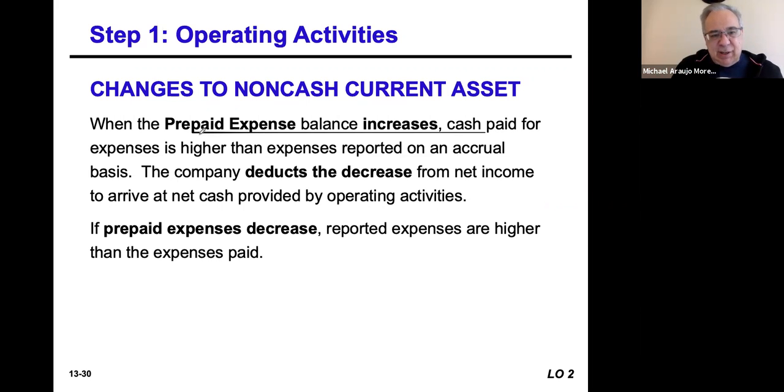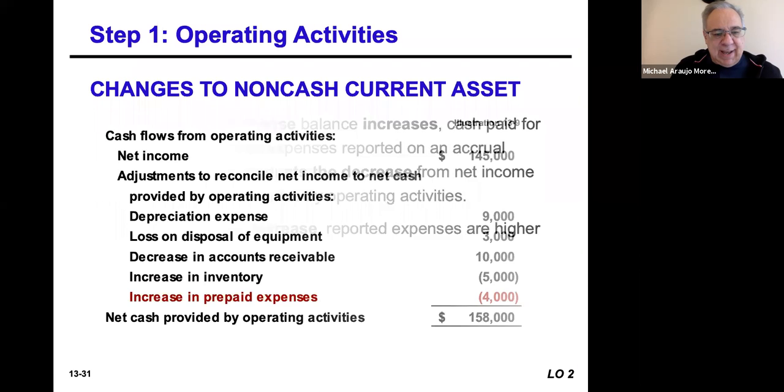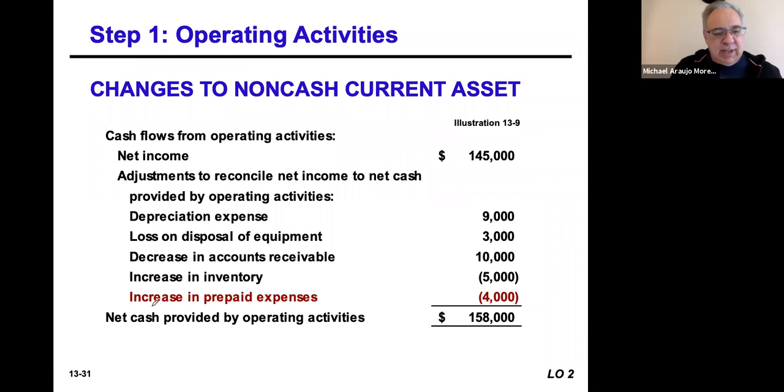So in this case here, when prepaid expenses have gone up, you're assuming you have to use cash. If you used cash, it's a use. Take it out. And so in this case here, we had an increase in prepaid expenses. So we have more supplies or more prepaid insurance. If you have more of that, you have to use cash. So this is cash going out.